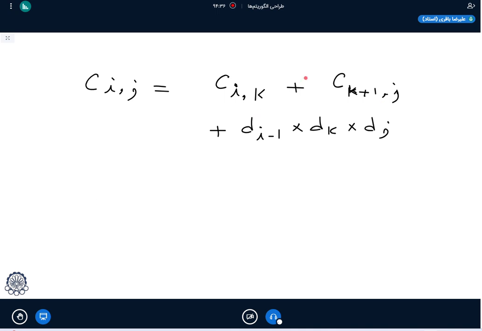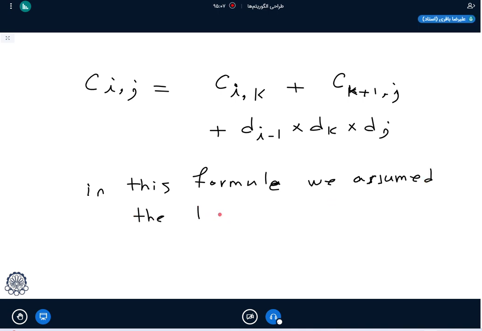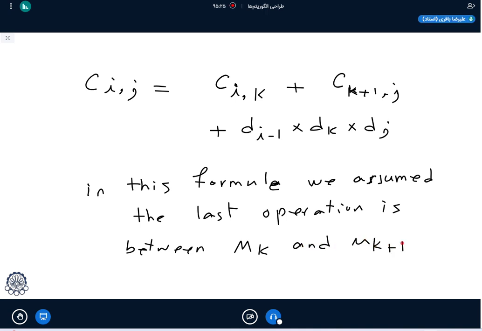In this formula, we assume that the last operation is between Mk and M_{k+1}.